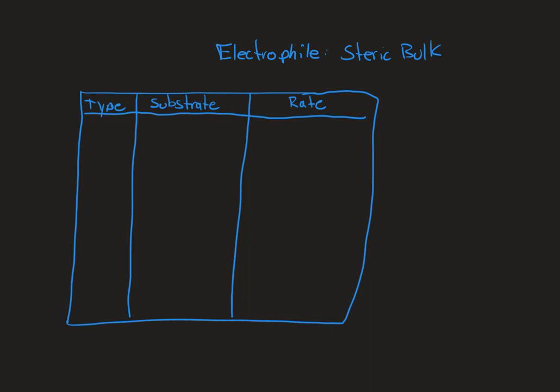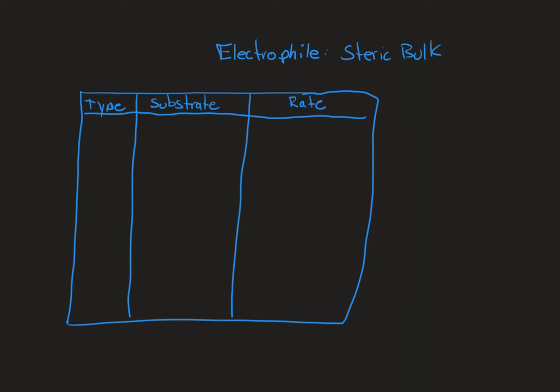The second part of the electrophile affecting the rate of SN2 reactions is its steric bulk. For much the same reason that the nucleophile shouldn't be sterically bulky, the electrophile should also not be sterically bulky.